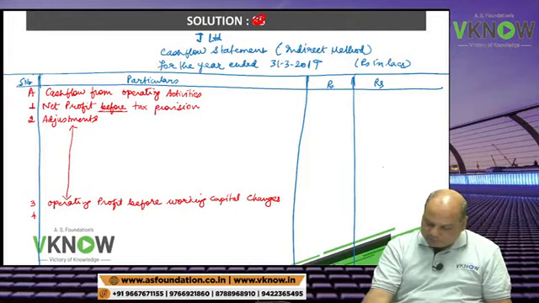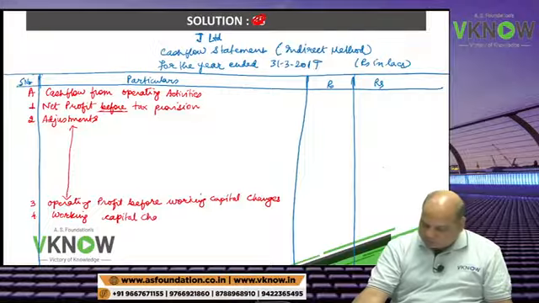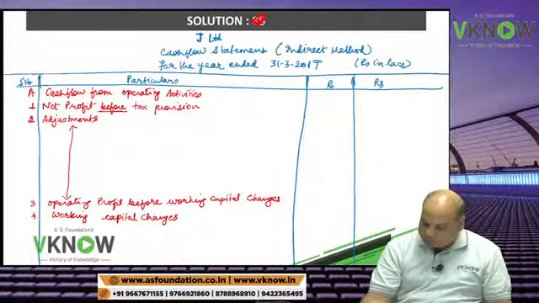Then point number 4, write down working capital changes. In this question, this is given to you directly. Otherwise, we'll have to calculate it.